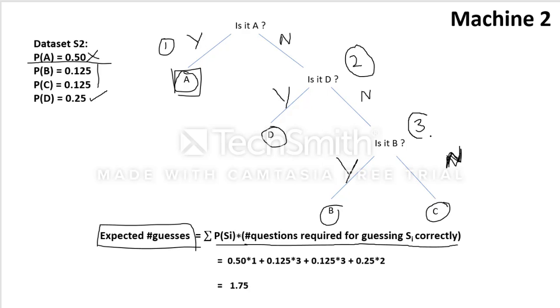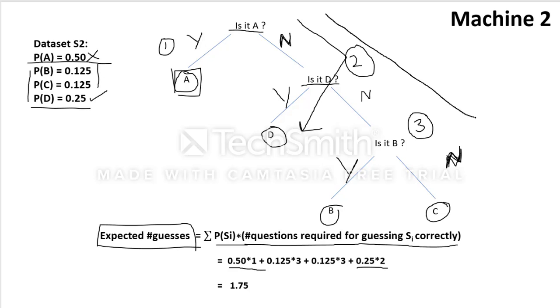Next, how many questions do we need to find whether the next number is a D or not? We need two questions to find whether it's a D or not. So that's 0.25 times 2. This is already done. So now we are left with these two, B and C, of equal probability. So we need to ask just one more question to find whether it's B or C. Is it B?